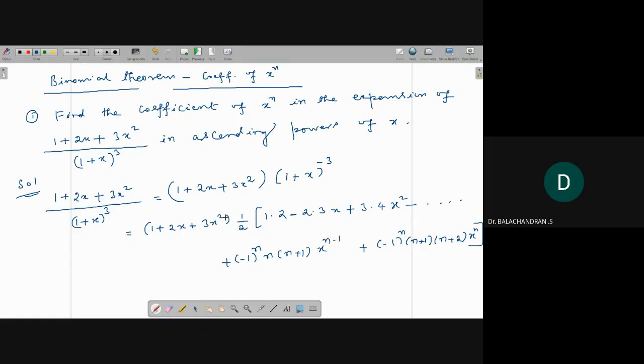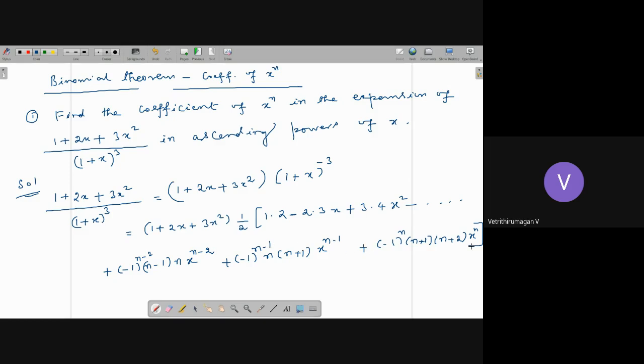Here I have x square, so I'm writing one more term: plus minus 1 whole power n, n minus 1 into n into x power n minus 2. Suppose you have an x cube term, you should write more. Yes, correct, Trimohan. Here it is n minus 1. Okay, thank you.